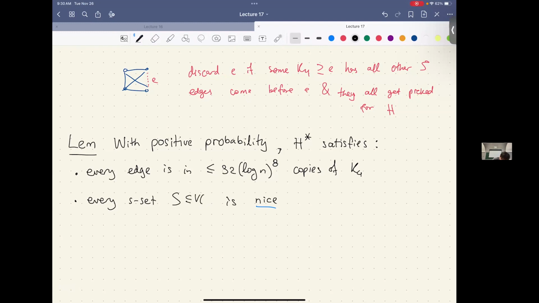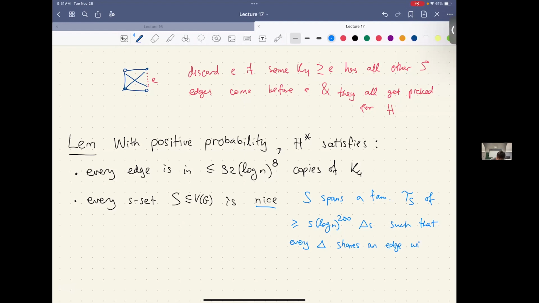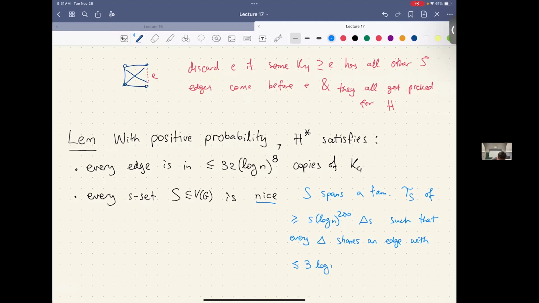S of the vertex sets is nice if S spans a family T_S of triangles, of at least s log n to some power, so at least linear in s triangles, such that every triangle shares an edge with at most some number of other triangles in T_S.